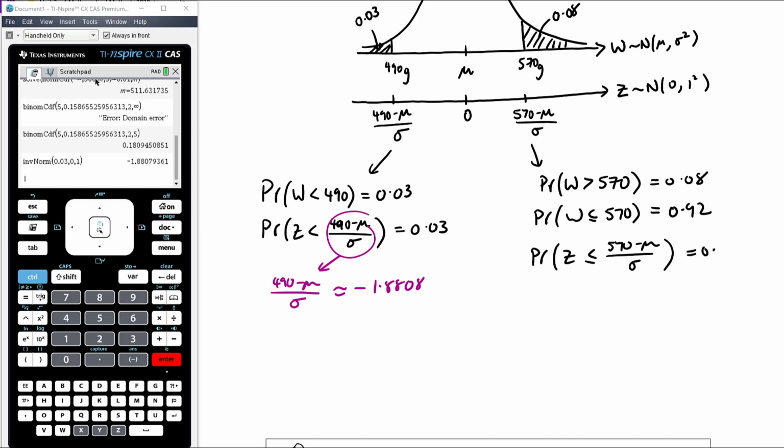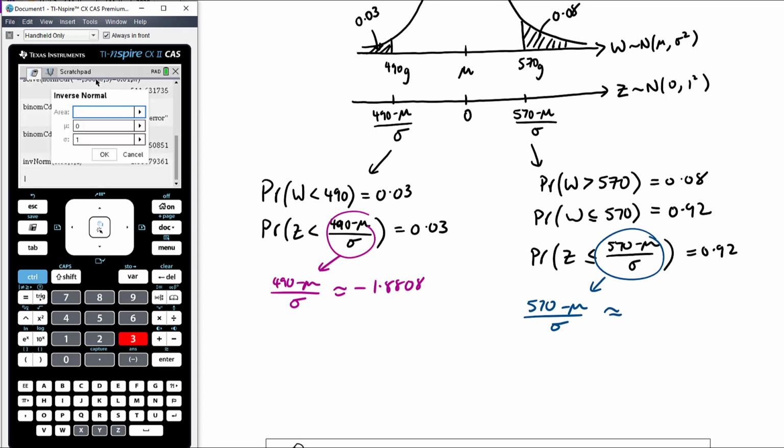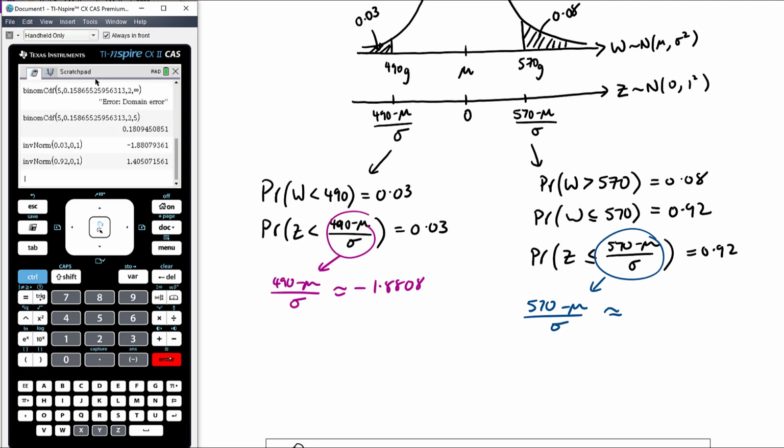That has to be 0.92. So then we can use inverse normal to find what this value must be. So menu 553, area is 0.92, mean and standard deviation are correct, so it's approximately 1.4051.